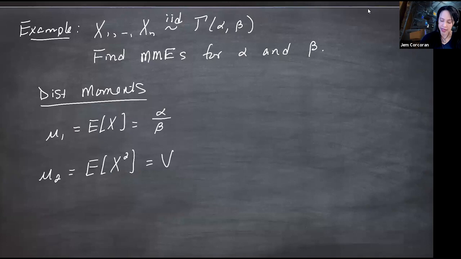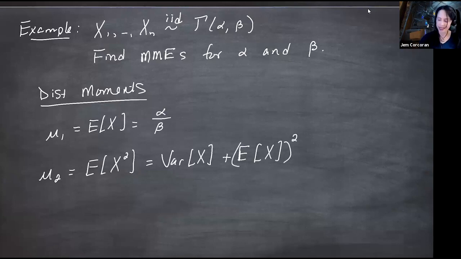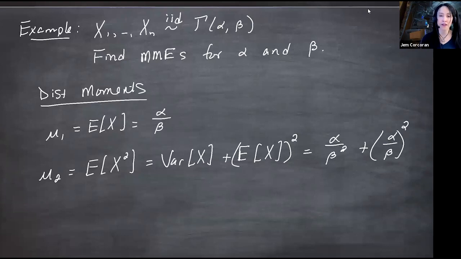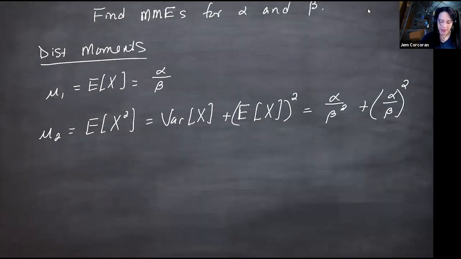This is the variance plus the expected value of x all squared. And if you recall or look at the table, this is alpha over beta squared plus alpha over beta all squared. I think that's going to be enough moments, but let's see.